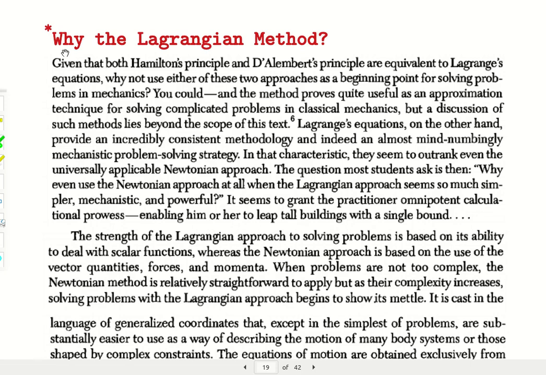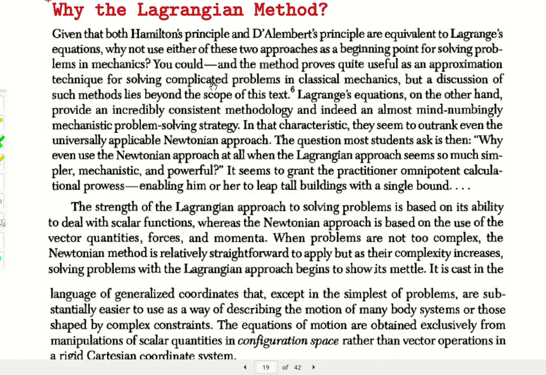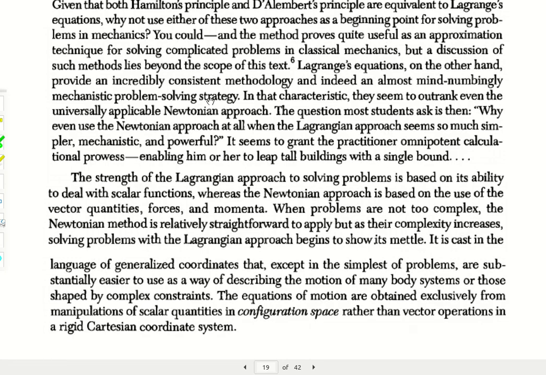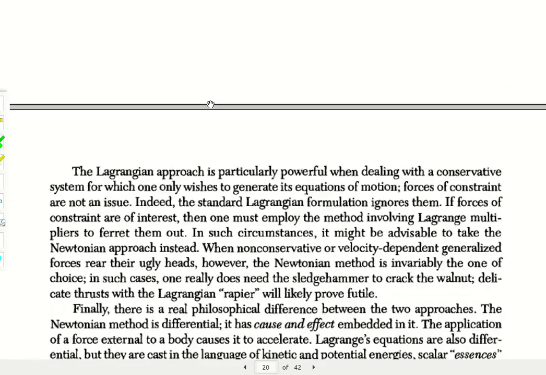But I suggest you come to that point after completing the whole lecture. Don't study it at this point of time, you will come back later and understand why the Lagrangian method is useful compared to anything else.